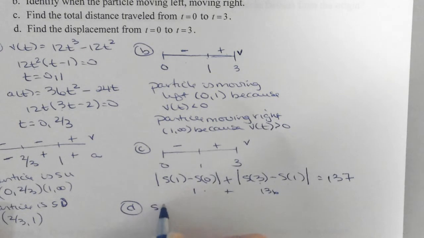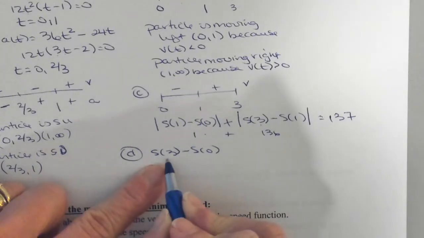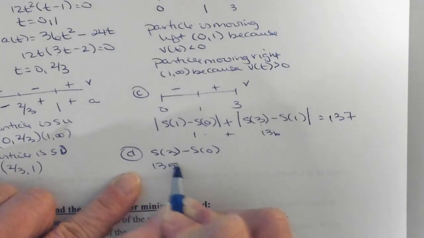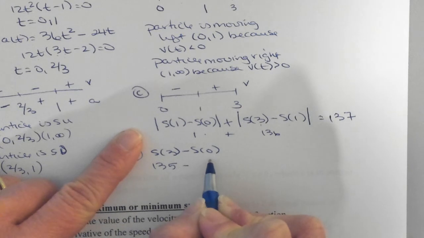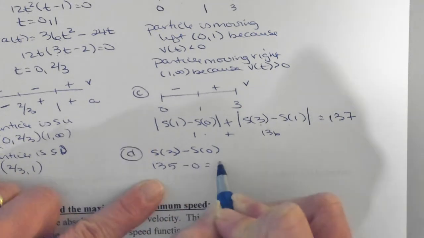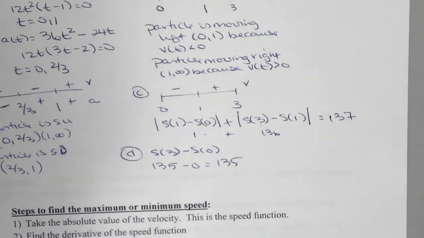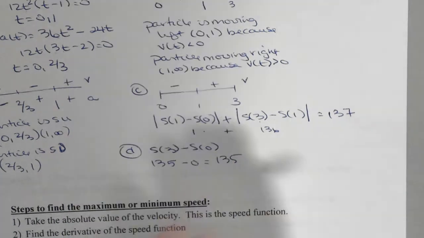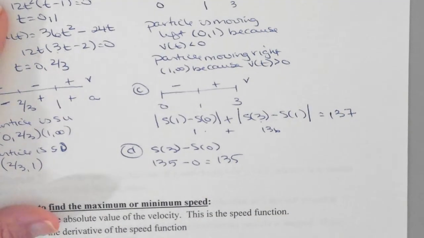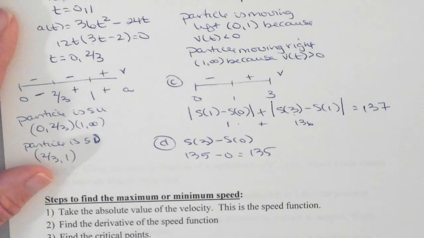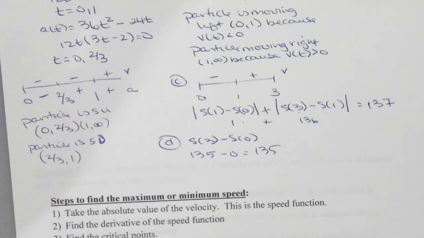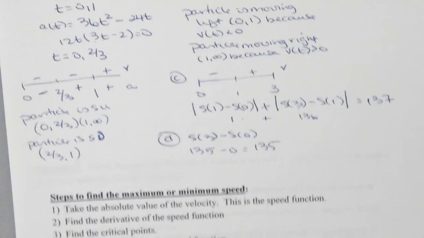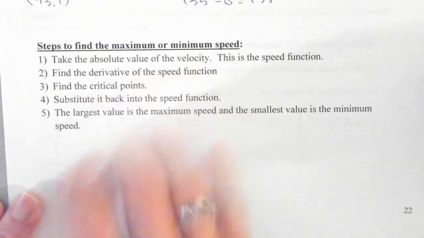So it's s of 3 minus s of 0. You told me s of 3 was 135, minus s of 0. So it's 135, whatever the units are, right? Okay, questions? This is pretty much a review of what we did last class. And that would be an entire problem.